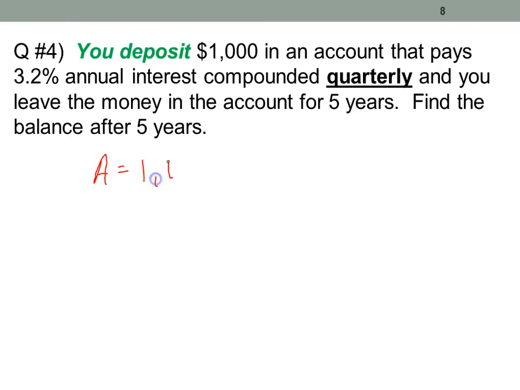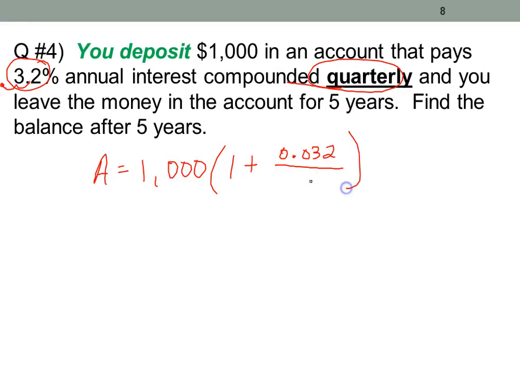So A equals $1,000. 1 plus, remember now we have R over N. My R is 3.2, so again, move this over twice. So we have 0.032. It says compounded quarterly, so my N down here is 4. Up here I have N times T. N is 4 times my time is 5.